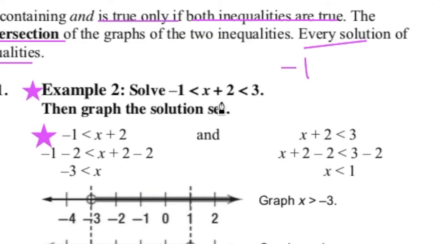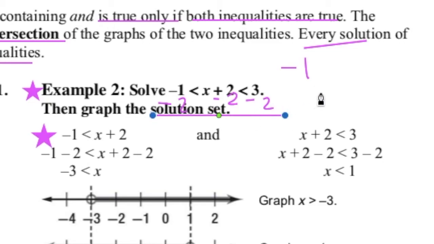What I can do is subtract 2 and subtract 2 again and subtract 2 a third time. So sorry about my pen here, but hopefully you'll see here in just a second that we have subtracting 2 from the left side, the middle, and the right side.